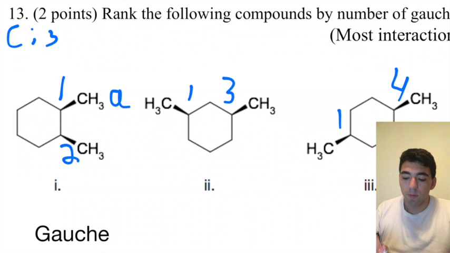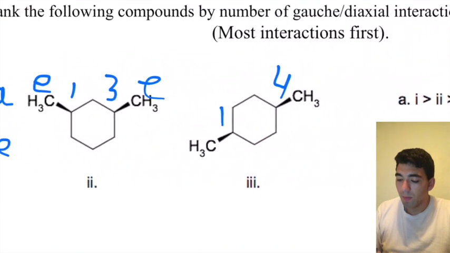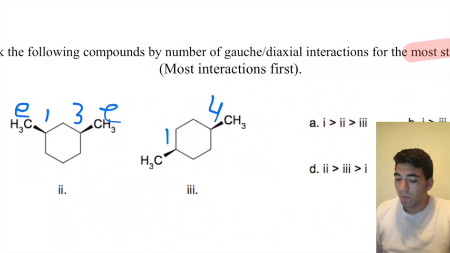So one's axial, one's equatorial. 1, 3, they're both odd numbers. They're both going to be the same letter. And since they want us to assume the most stable, we can assume both of these are equatorial position. Last for ring number 3, we have odd even again, so one of these is going to be axial and one is going to be equatorial.